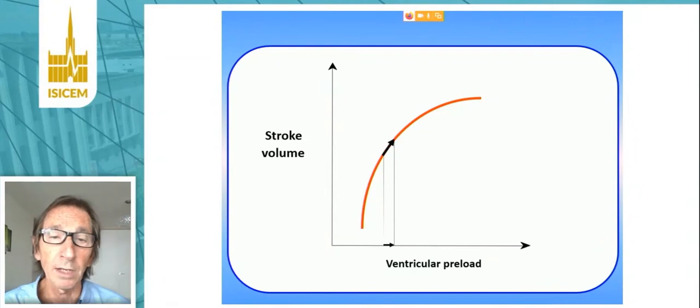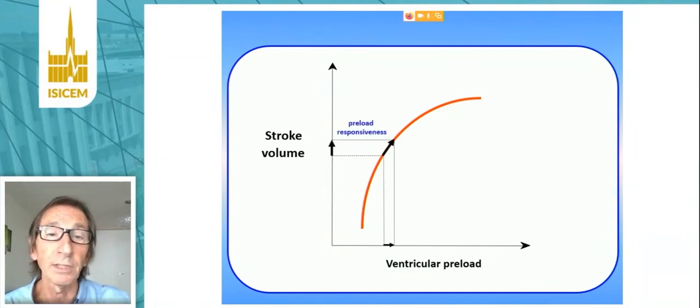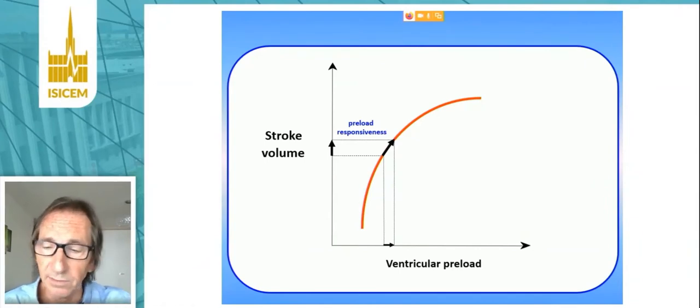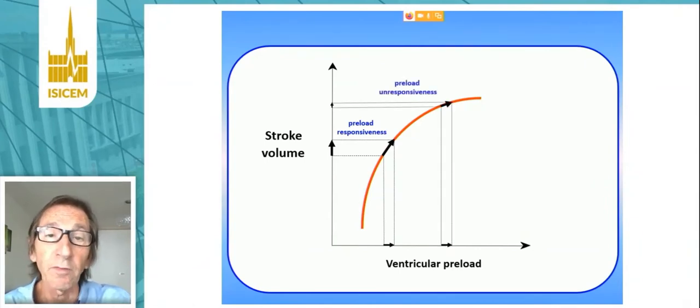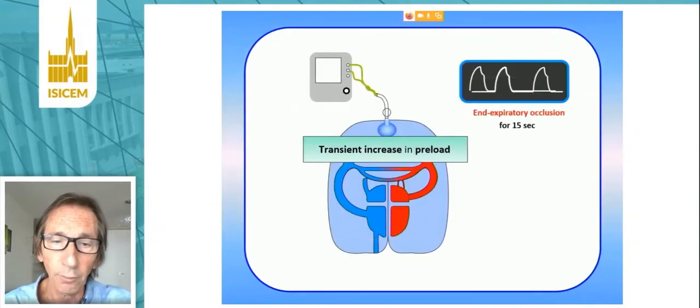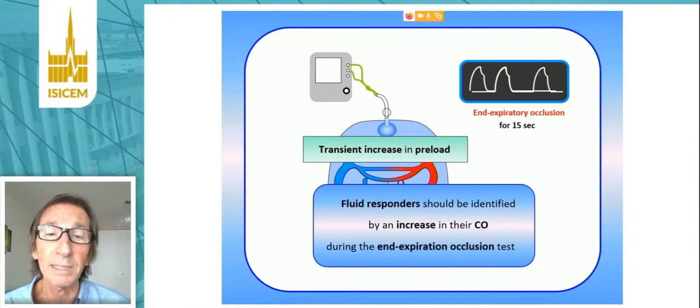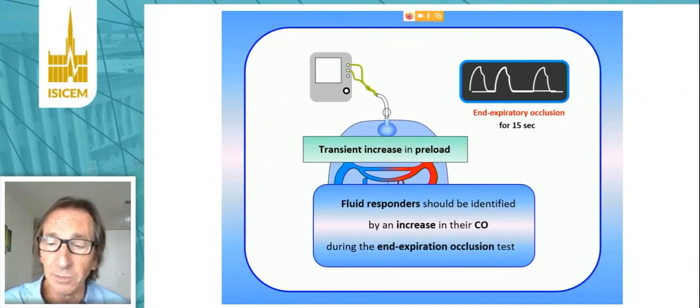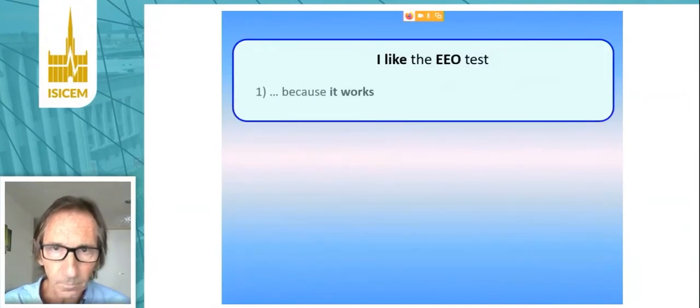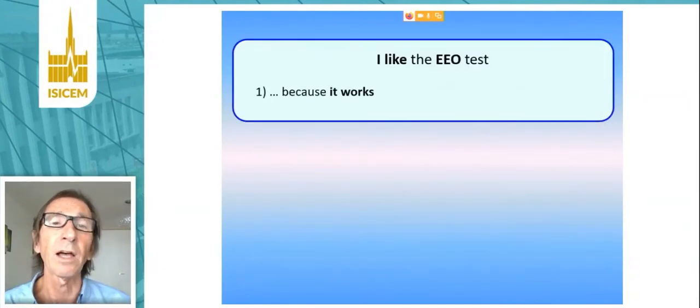This increase in preload will result in increase in stroke volume only in case of preload responsiveness, and no increase in stroke volume in case of preload unresponsiveness. Therefore, we can hypothesize that fluid responders can be identified by an increase in the cardiac output during the expiratory occlusion test. What are the reasons I like the expiratory occlusion test?